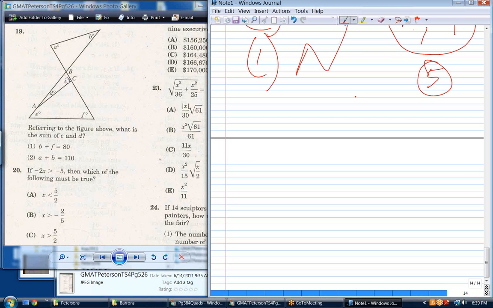I want to know the sum of C plus D. Okay, well, if you know that B plus F is 80. This is a good question because it's going to allow me to help you solve this graphically.